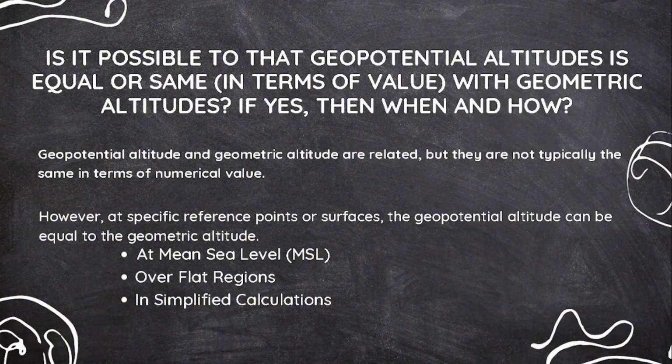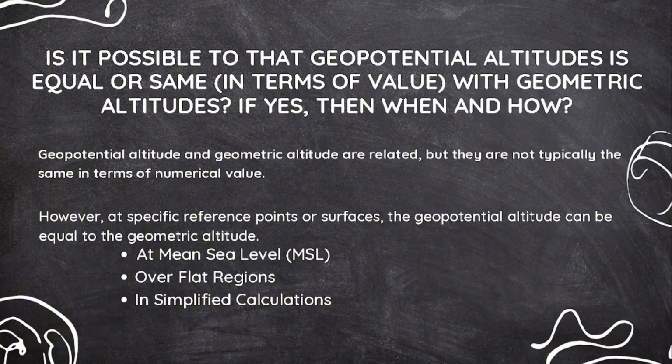So at sea level, geometrically defined as zero altitude, geopotential altitude and geometric altitude are approximately equal. Next is over flat regions. In regions where the Earth's surface is relatively flat and the gravitational field does not vary significantly, geopotential altitude can be very close to geometric altitude.